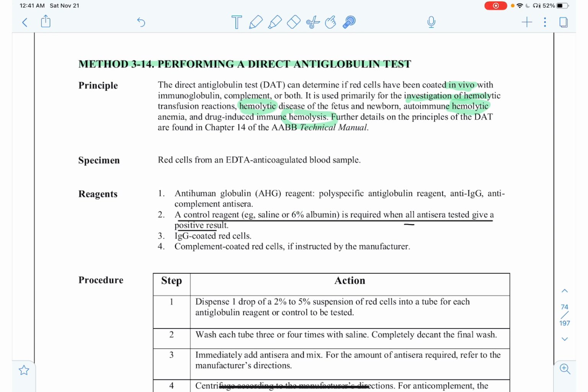So we'll talk about the procedure itself, but an important aspect to consider is we use a polyspecific reagent as a screening tool, and then we reflex to anti-IgG and anti-complement if our screening is positive.